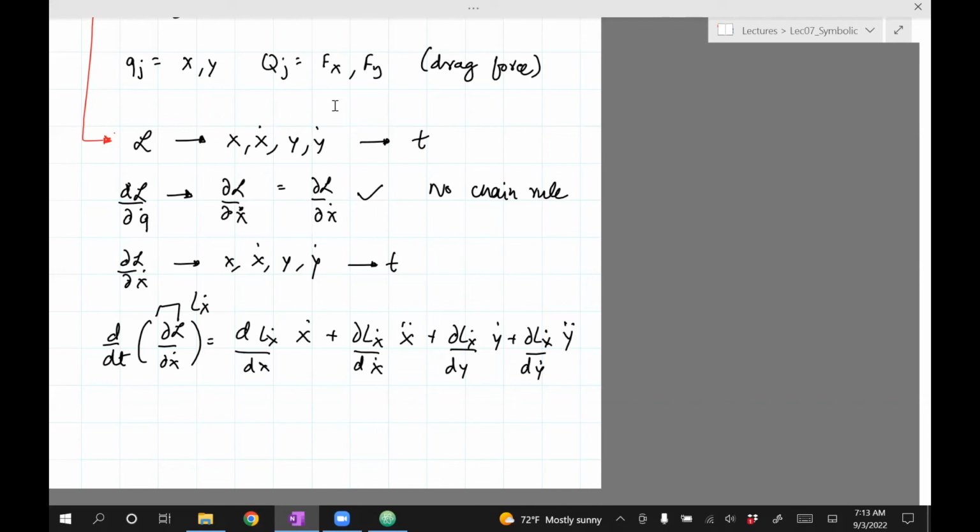So there are 4 terms, and you need to take the derivative of all these 4 terms to compute the chain rule. This is my chain rule.